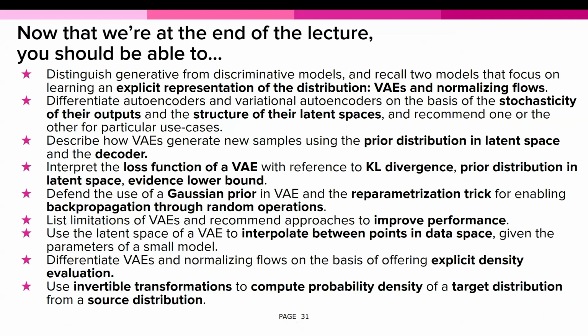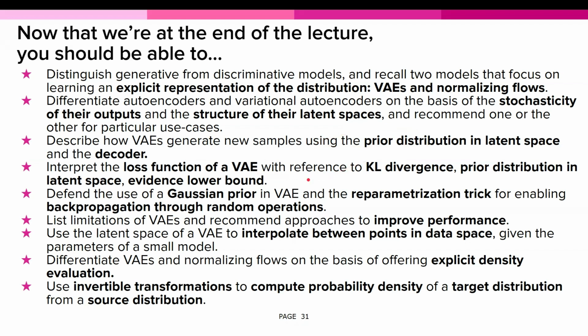We started off our discussion of variational autoencoders, VAEs, talking about autoencoders, and we saw that those two are quite different, both in terms of the structure of their latent spaces as well as the stochasticity of their outputs. We did spend quite a bit of time talking about how exactly VAEs generate new samples, or how the decoder generates samples by drawing some random latent vector and then mapping it back to data space.